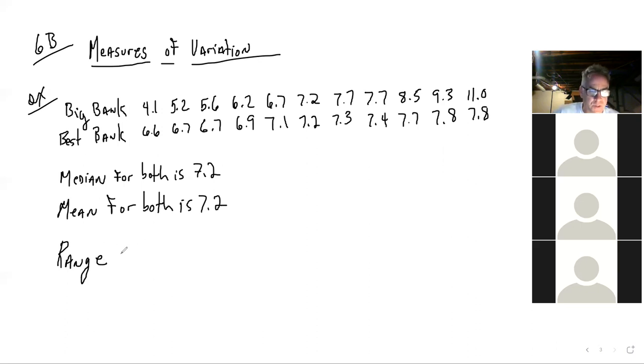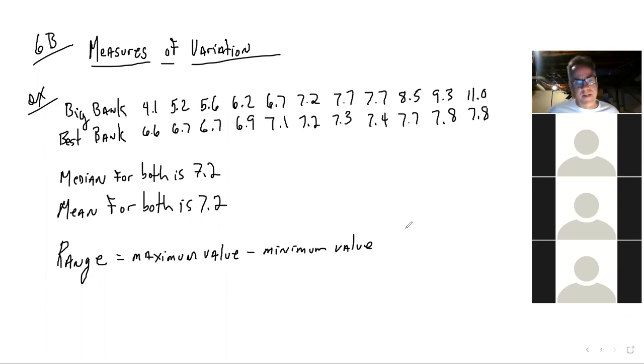And range is simply your maximum data value minus your minimum value. That's all it is.